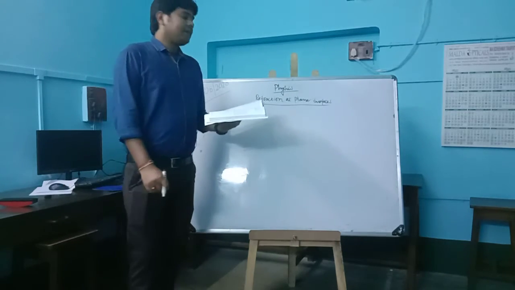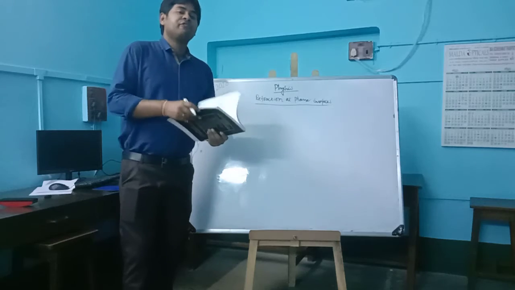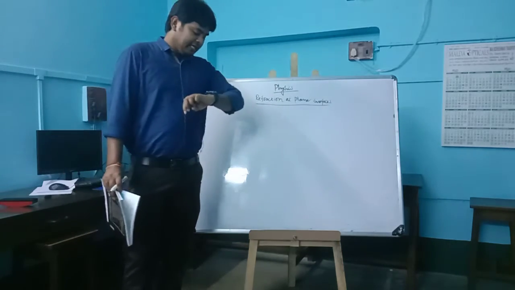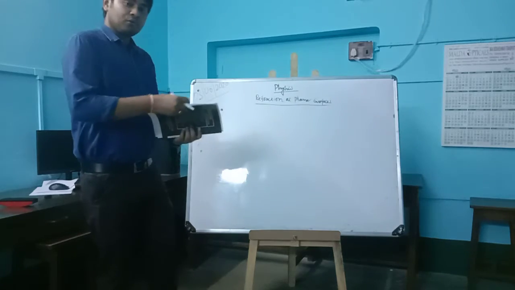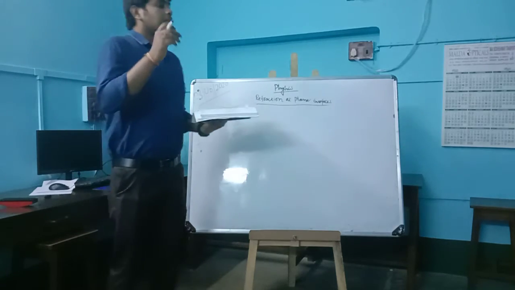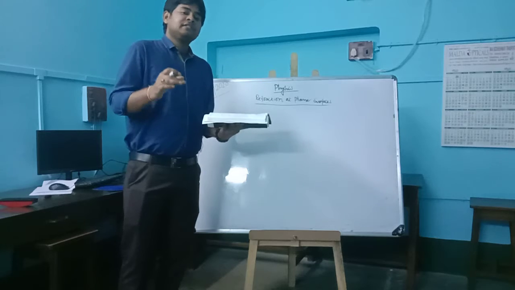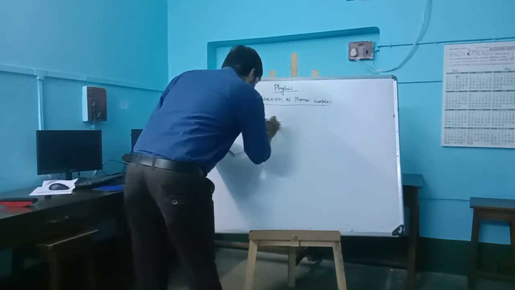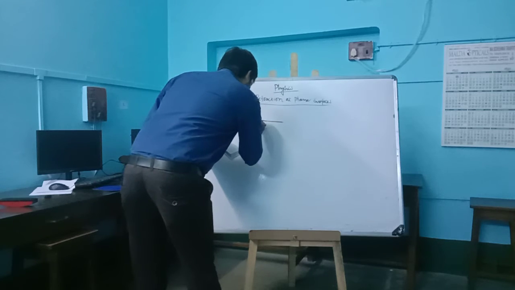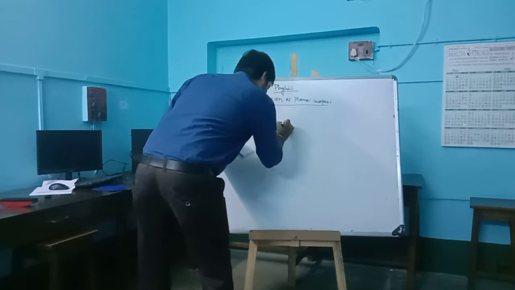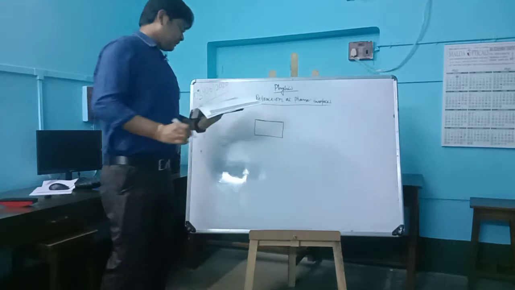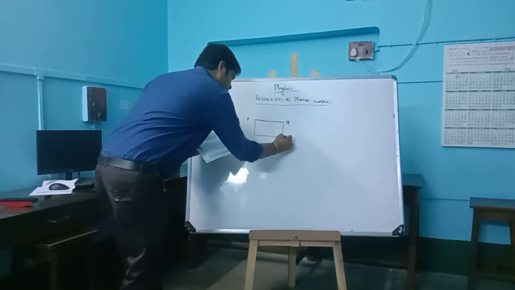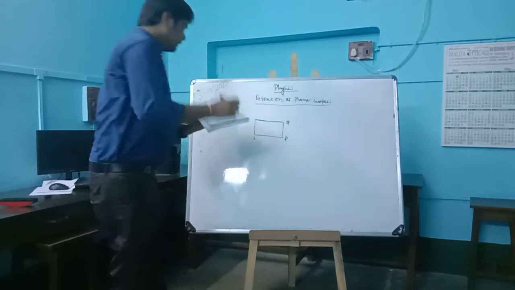What will happen when a light ray passes through a rectangular glass slab? In a rectangular glass slab, we know that the upper surface and the lower surface are parallel. If we take a rectangular glass slab like that, this is the rectangular glass slab PQRS, if I name it PQRS.